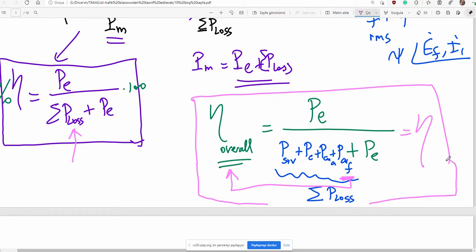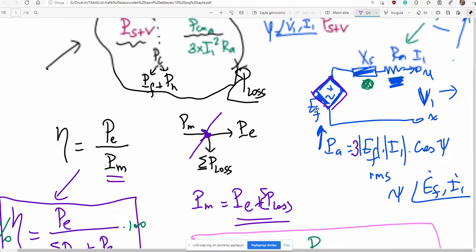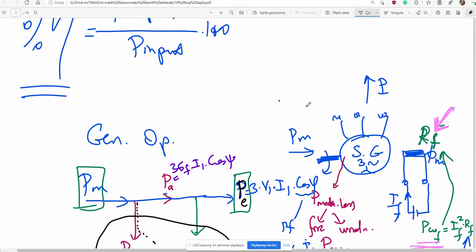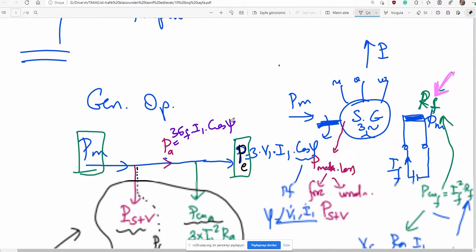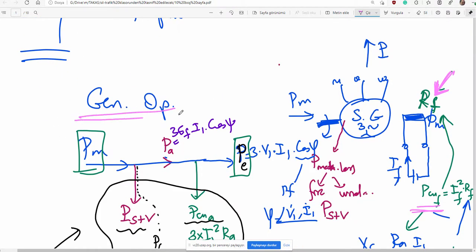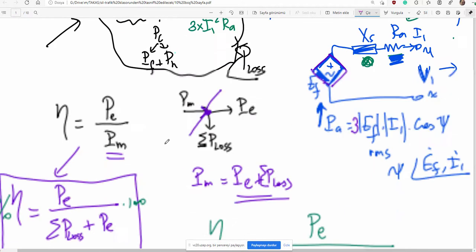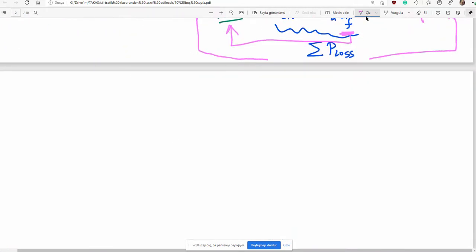Now, it is the same. We started for generator operation, but that is the main energy artery. Think about motor operation.